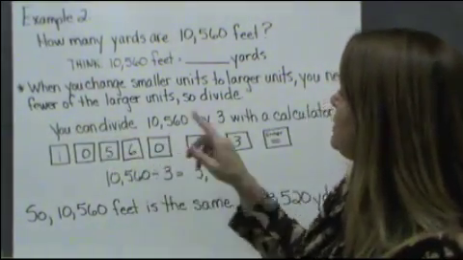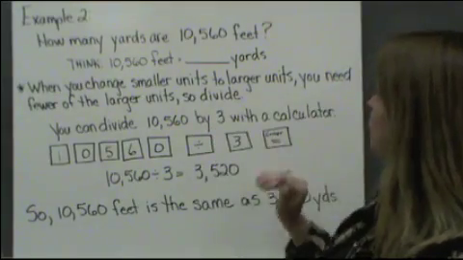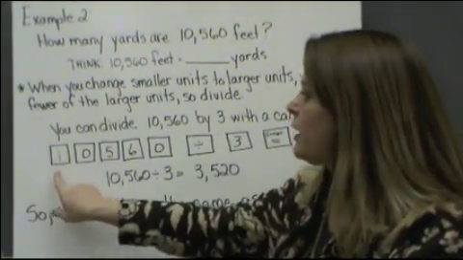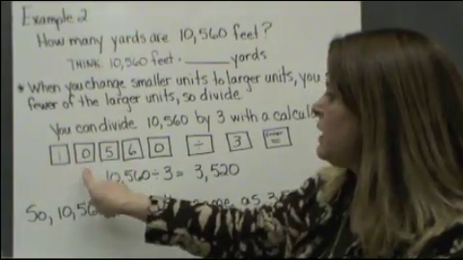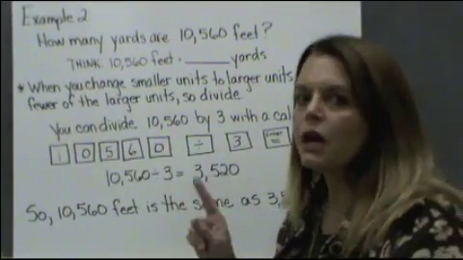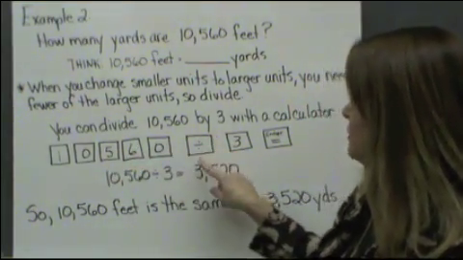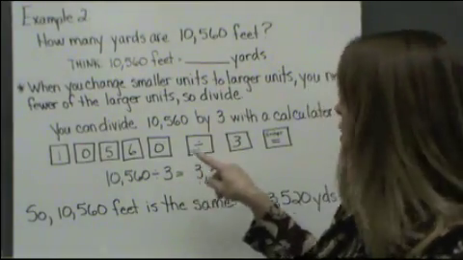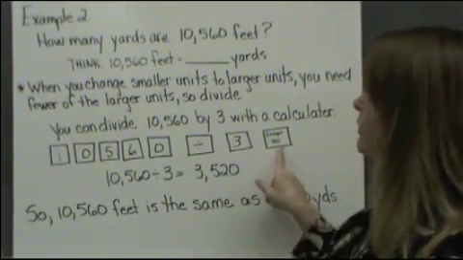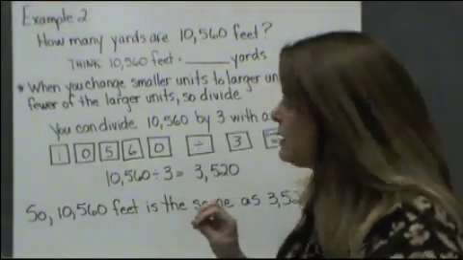So you can divide 10,560 by 3 with your calculator, and you're going to press the 1, the 0, but there's not a comma. Remember, 5, 6, 0, your division sign, then the 3, and then you have to press enter to get your answer.